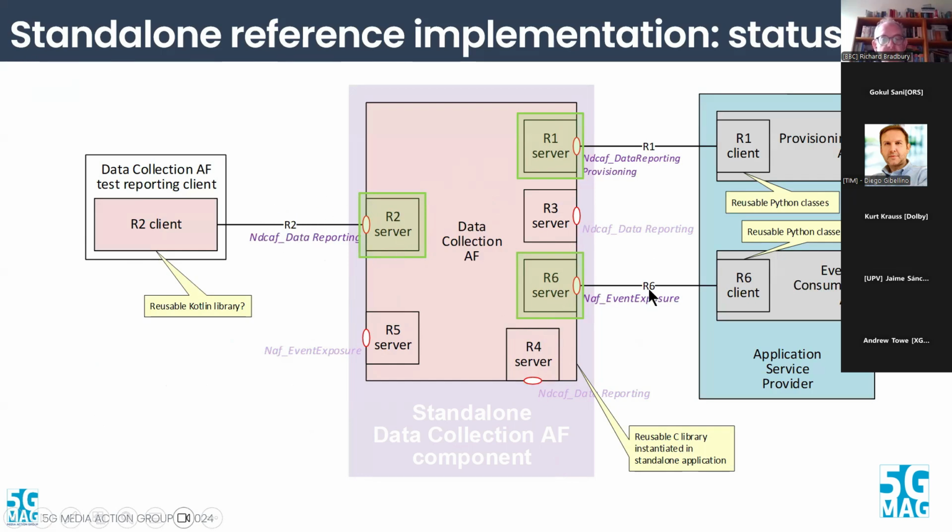And the event exposure mechanism, so that this event consumer can subscribe and then get notified asynchronously about events at reference point R6. So that's what we've released so far in the repository. It's not a formal release yet.